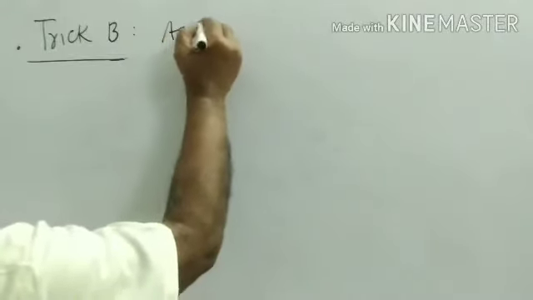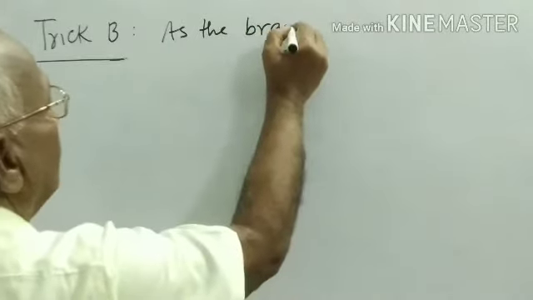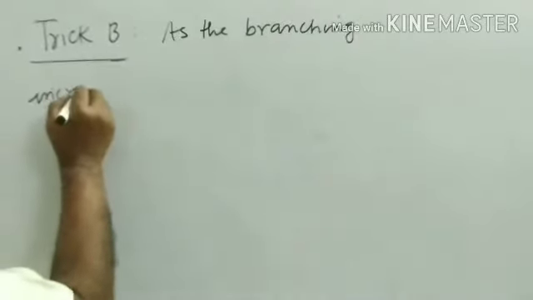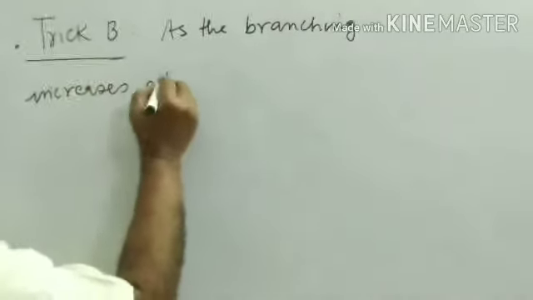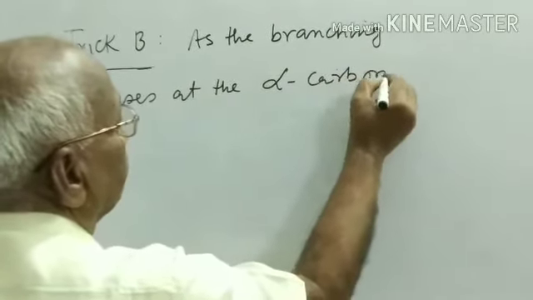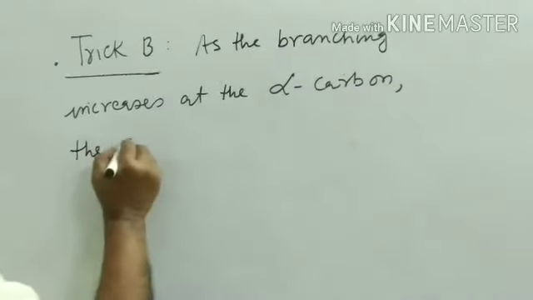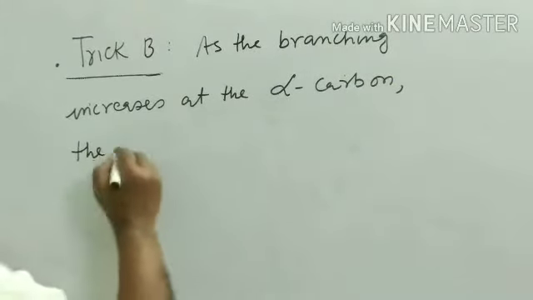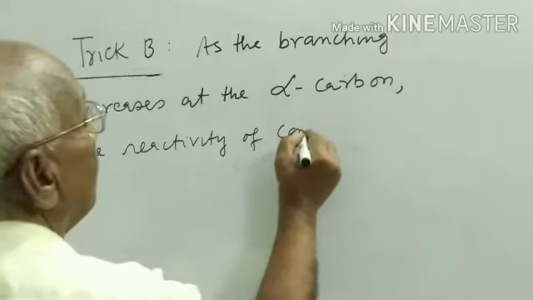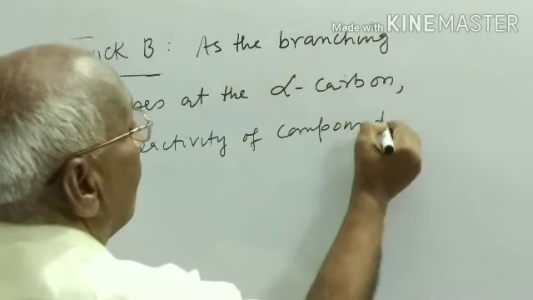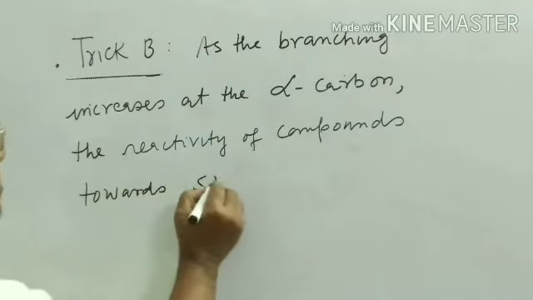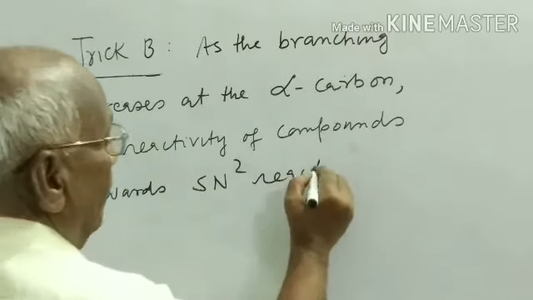As the branching increases at the alpha carbon, the reactivity of compounds towards SN2 reaction decreases.